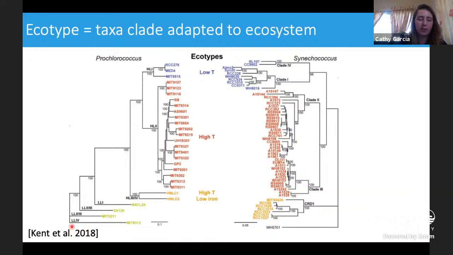As you increase the diversity scale, you have these low light ecotypes splitting off from the high light ecotypes. Then as you go further along that diversity scale, you start seeing separation based on temperature, and further along, separation based on nutrients. So as you increase whatever stress level there is along a gradient, whether it be light, temperature, or iron, we expect these ecotypes to be present in the metagenomes.